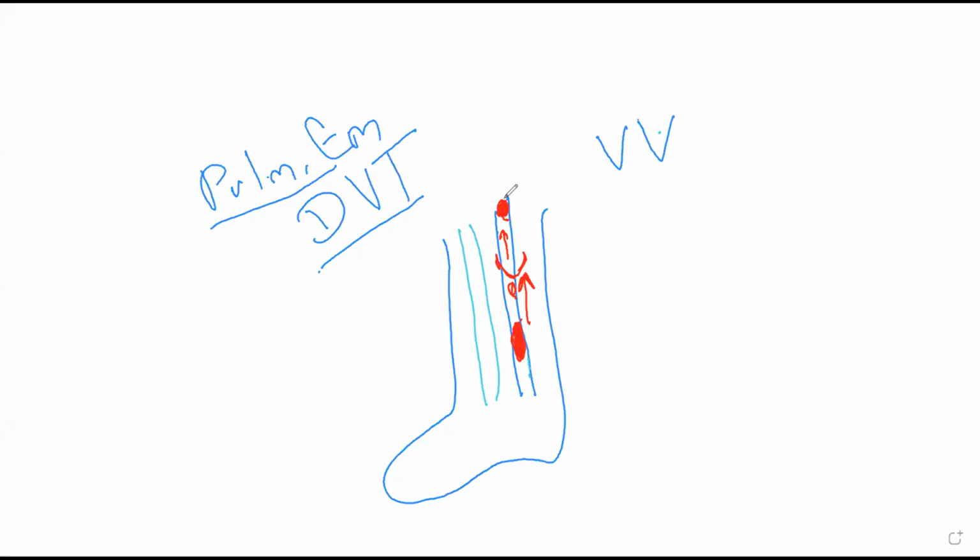So these can travel upwards in these veins, and then they can enter the heart and the lungs. If they enter an artery of the lung, it will cause obstruction and impaired blood flow to the lung and will cause a part of the lung to stop working. So that is pulmonary embolism.